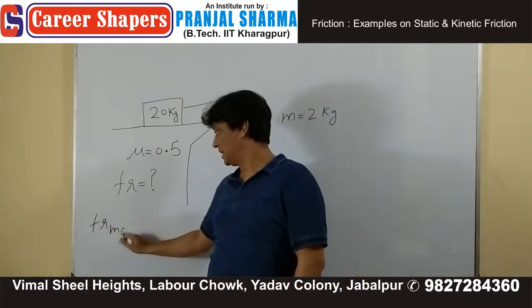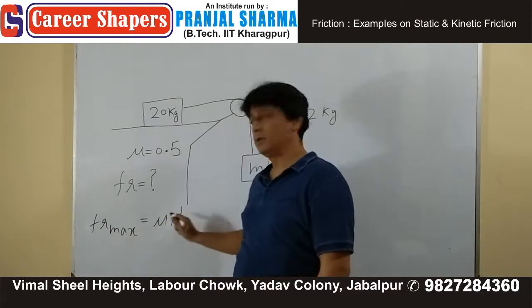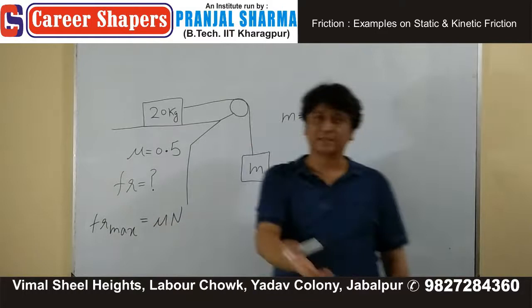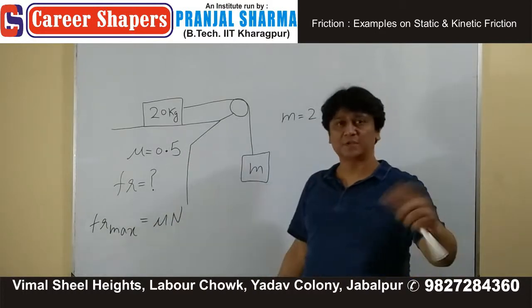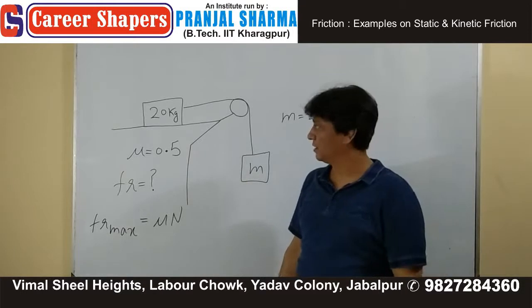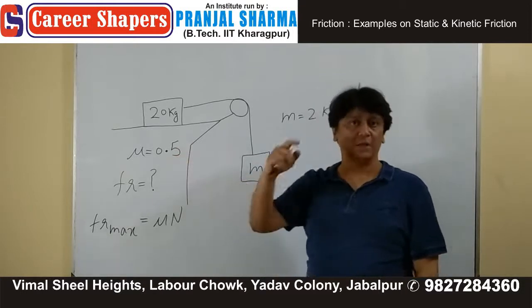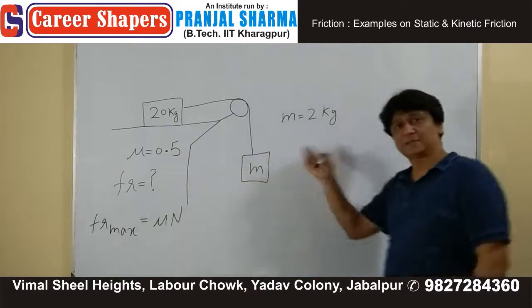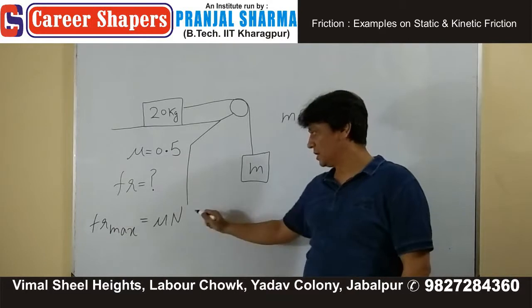What is Fr maximum? Mu n. You can always write static, कोई issue नहीं है, लेकिन मैंने आपको क्या बोला, हमने यहाँ पर static kinetic करके नहीं दिया है. अगर कोई 0.5 देता और दूसरा 0.4 होता तब अपन मैक्स स्टैटिक करने की बात करते, एक ही है इसलिए forget about.